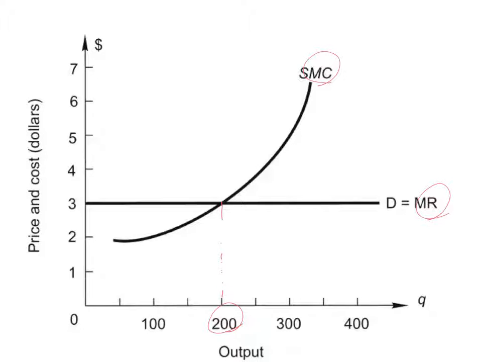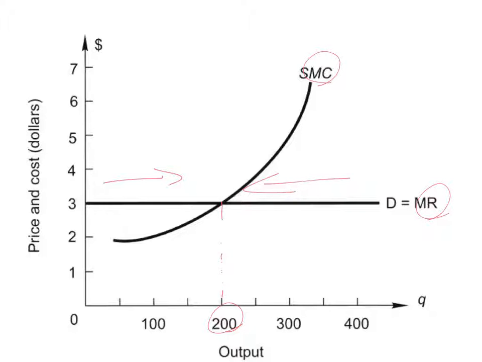So any movement closer to that quantity, either from below or from above, is going to move us toward maximum profit. So any movement toward 200 units is going to increase profit.